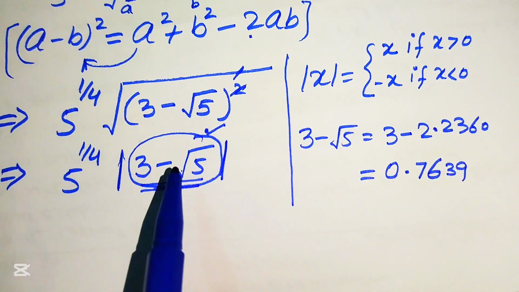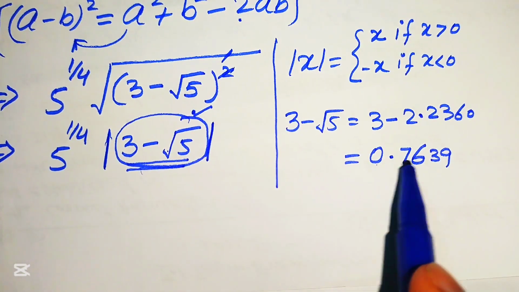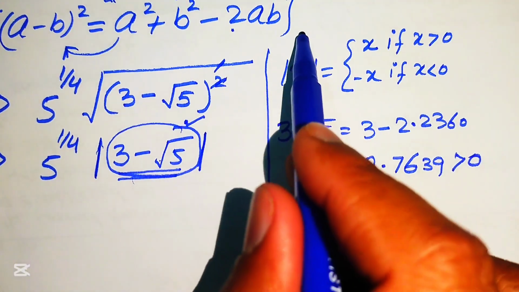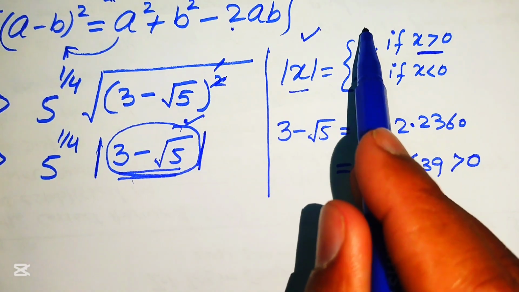So you see the value inside of this mod is greater than 0, because 0.7 is greater than 0. So if this is greater than 0, according to the definition of absolute value, if x is greater than 0, it equals x only.